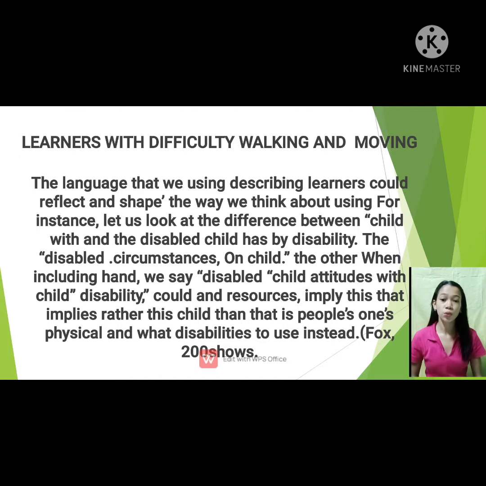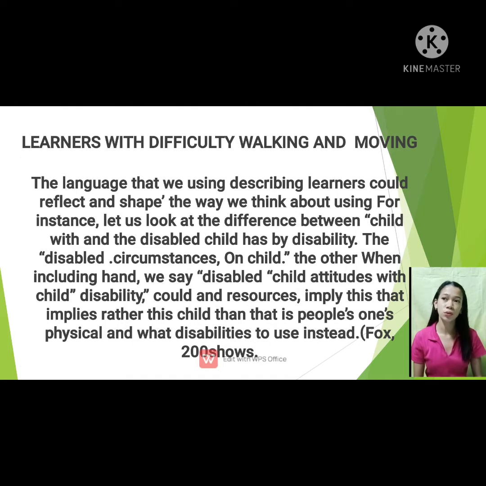The language that we are using in describing learners could reflect and shape the way we think. For instance, let us look at the difference between a child with a disability and a disabled child.